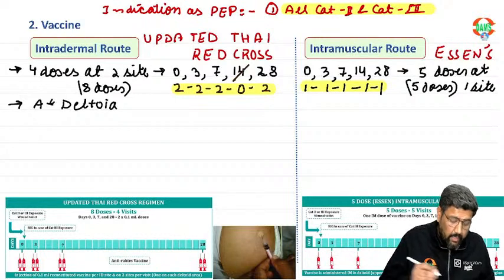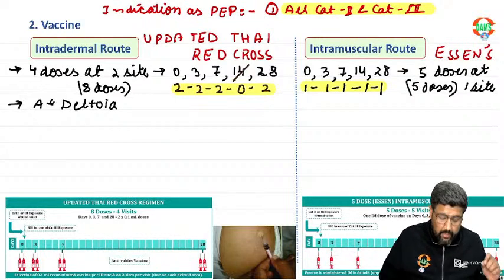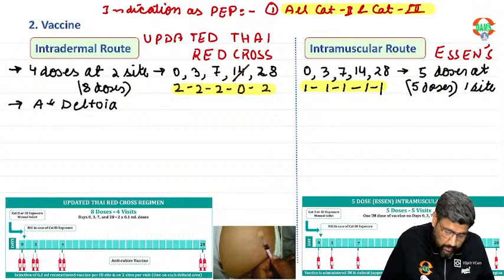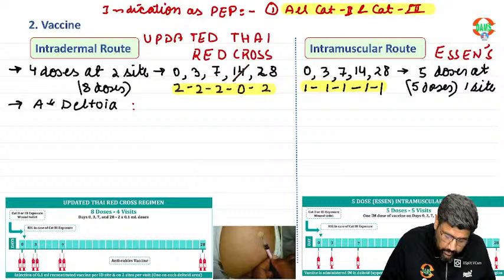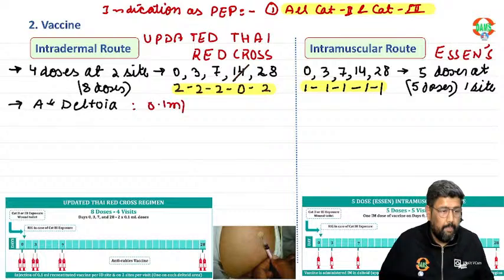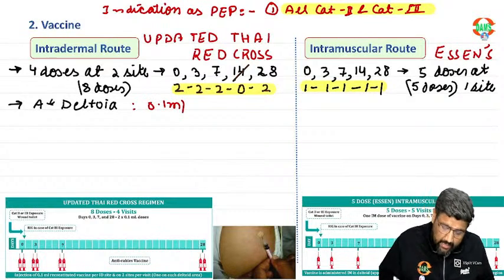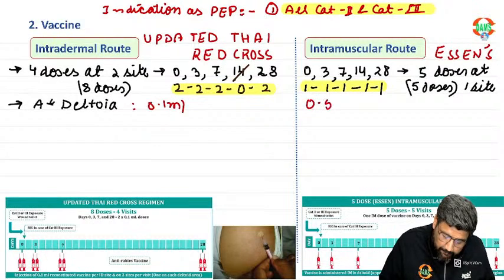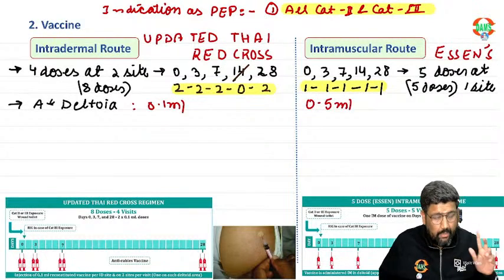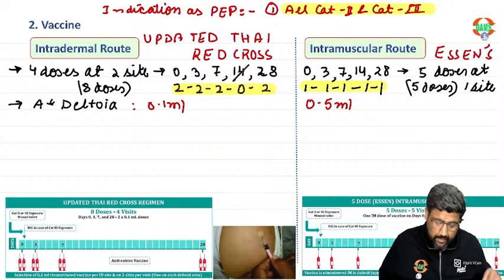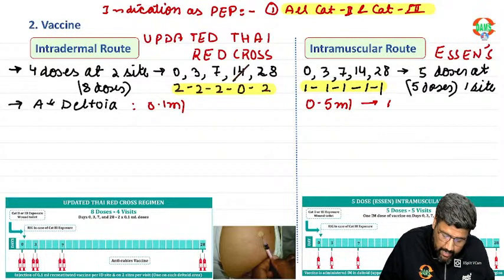If you attended my vaccines class, I tell you there the reason why bleb is there and what is the indication here. Now, this is given at deltoid 0.1 ml, whereas intramuscular is given 0.5 ml or sometimes 1 ml as per the manufacturer, right? 0.1 ml where? At deltoid.